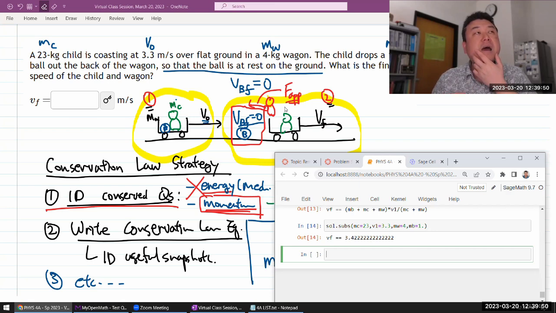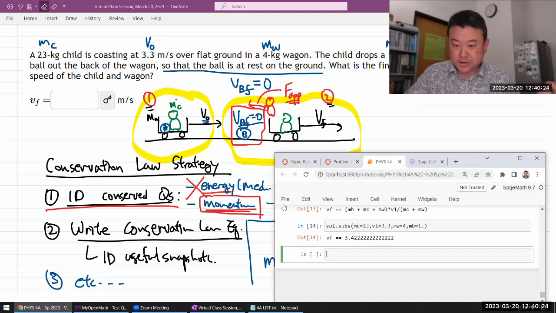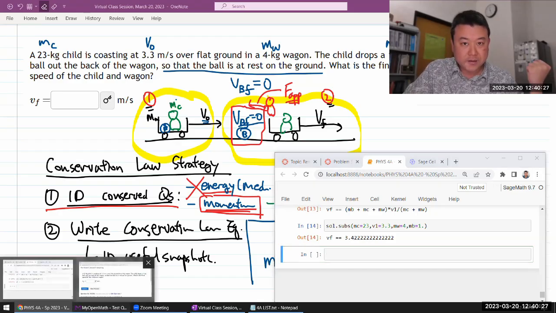And somehow, maybe not in terms of doing work, but in the sense that if that child was as hungry and tired as I was, he might not be able to throw the ball hard enough. So this act of throwing the ball requires energy. So I think it makes sense to me that this final speed of the child in the cart is higher. And somehow if we calculate the total energy of this thing, I think it's going to come out higher. Okay, so let me put that in as the answer and see if the system says that's correct.